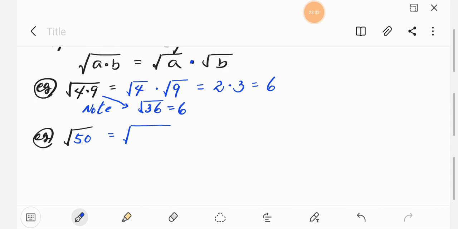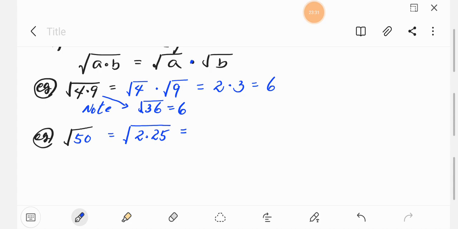So 50 is 25 times 2, right? Because we want to do the factorization so that if any factor is a perfect square, then we can simplify it. If a factor is not a perfect square, then leave it.